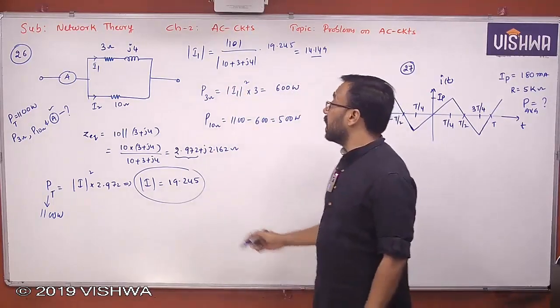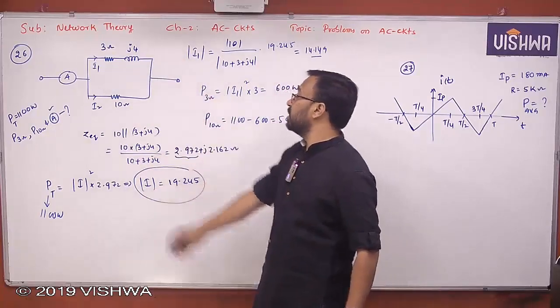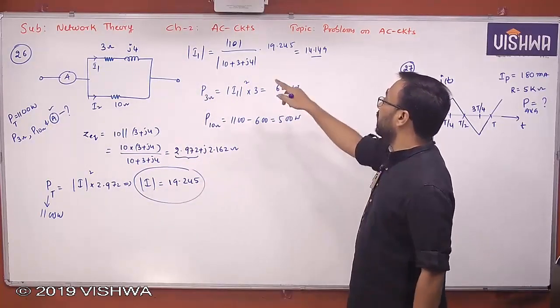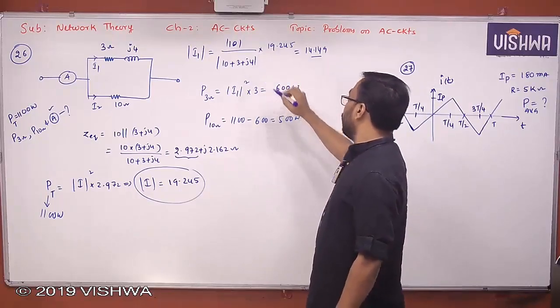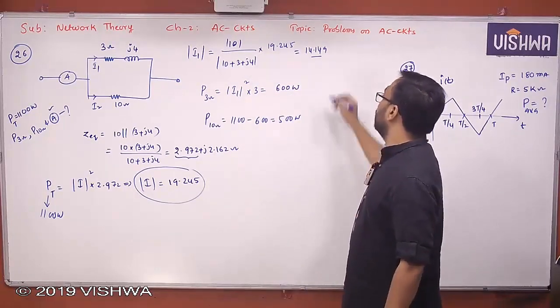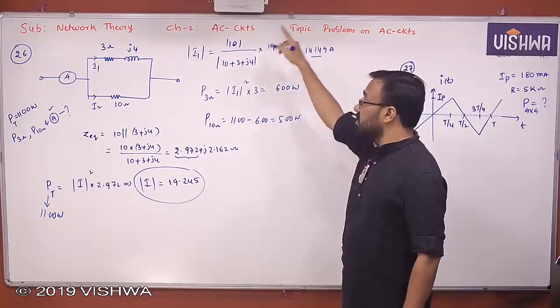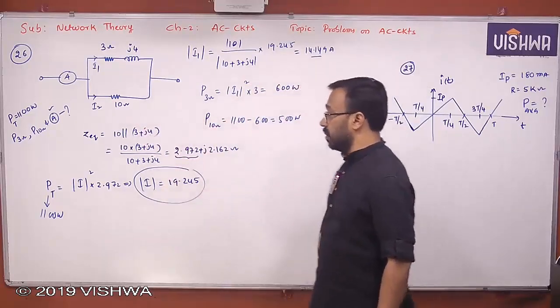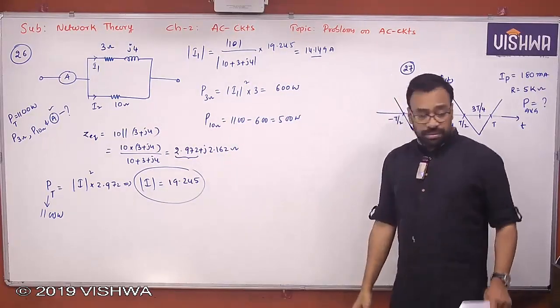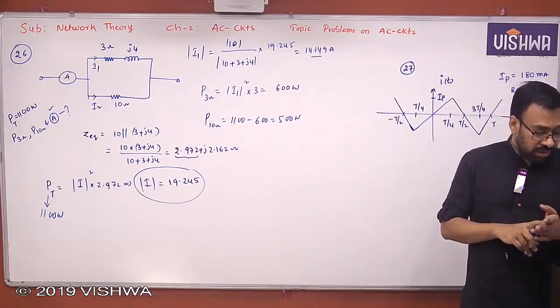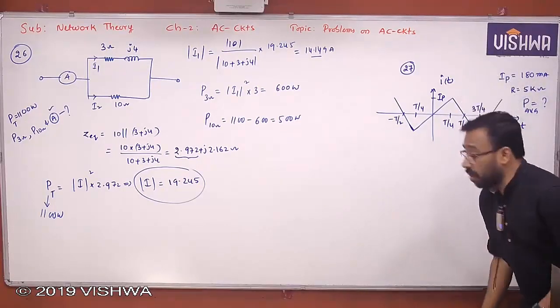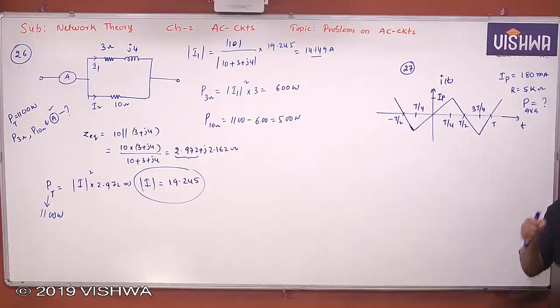I2 is nothing but the magnitude of (3 plus j4) by the magnitude of (10 plus 3 plus j4), into 19.245. Then you will get some current, and that current squared into this 10 will also give you the power. Okay, so please note down. This is how you can find the powers, and then we move on to another problem, the 27th problem.